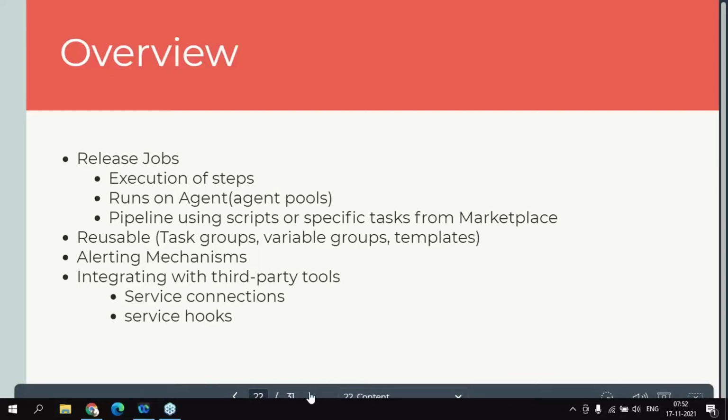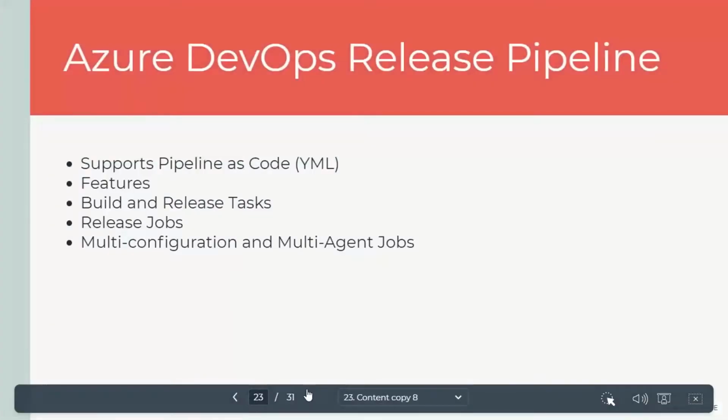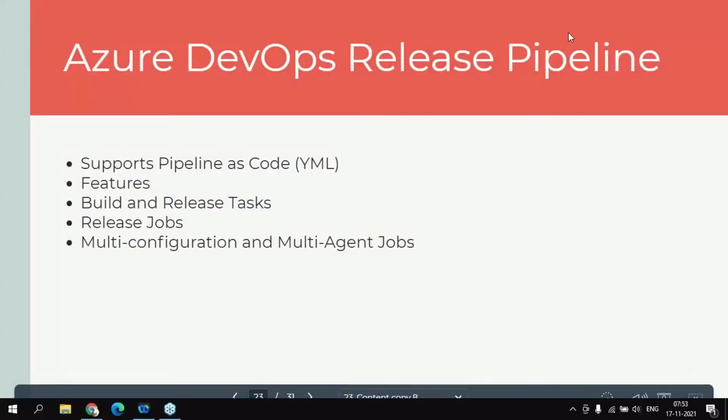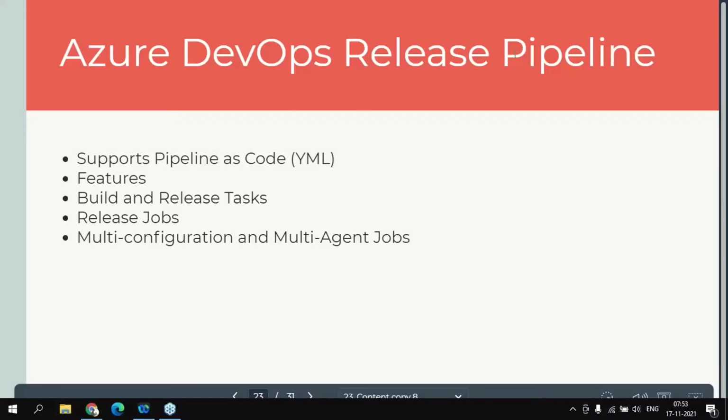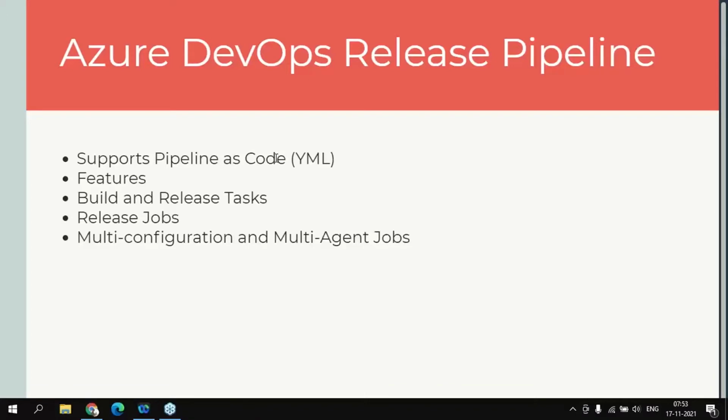Sure. So the next one is, as we discussed already, the Azure DevOps release pipeline supports pipeline as code. Pipeline as code is one of the popular terminologies here. For example, infrastructure as code: basically for all the infrastructure or all the changes, we have to bring them into our source control management.